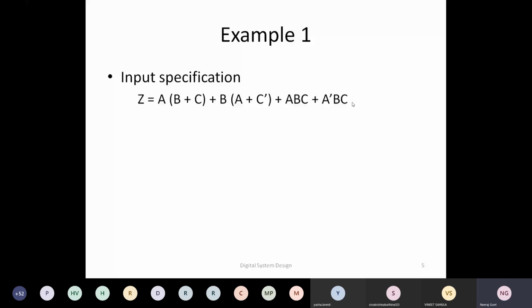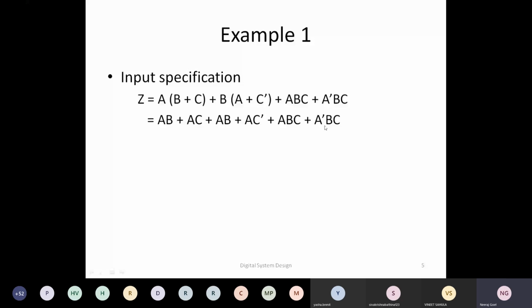Looking at the equation, the first thing you will most likely do is see whether you can optimize it using Boolean algebra. So you will try to expand it, and after expanding it looks like AB plus AC plus AB plus AC dash plus ABC plus A dash BC.